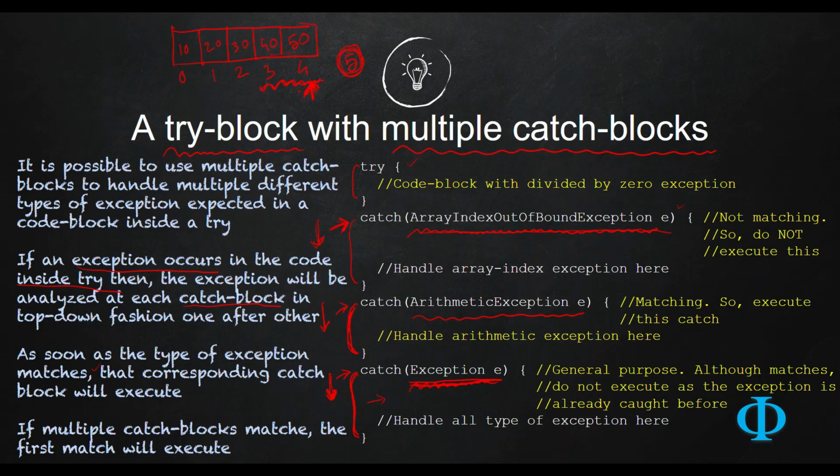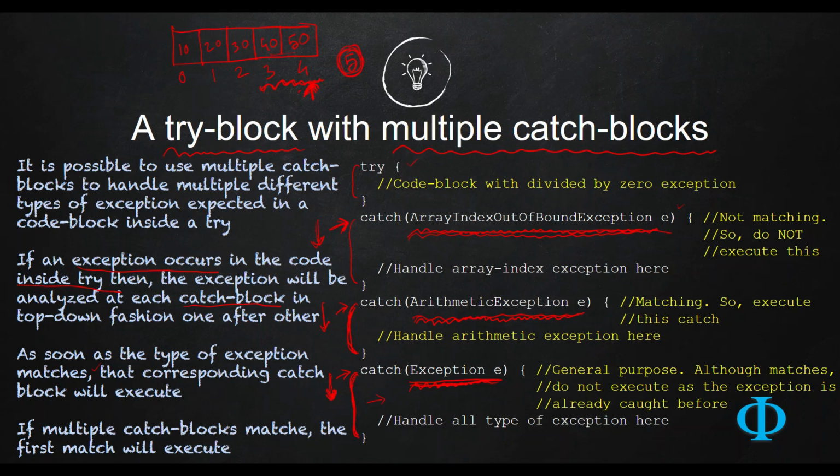You have to be a little bit visionary to understand what types of errors or exceptions can occur, and based on that you can write the specific types of exceptions in the catch blocks, like array index out of bound. You may expect a divided by zero error, so you can write another catch block for the arithmetic exception, and then finally a general purpose catch block.